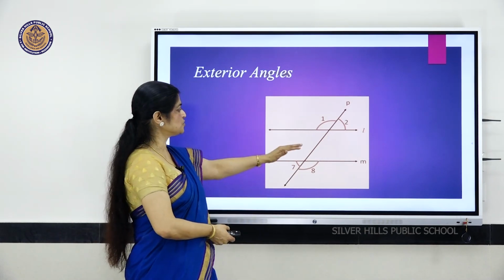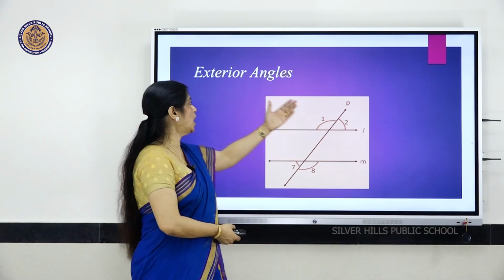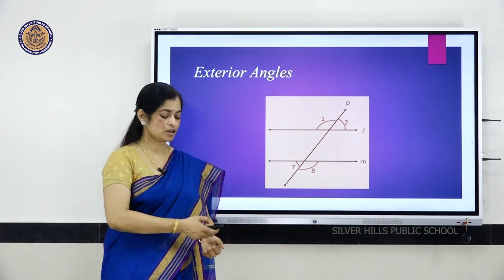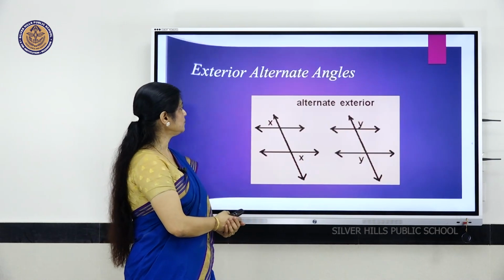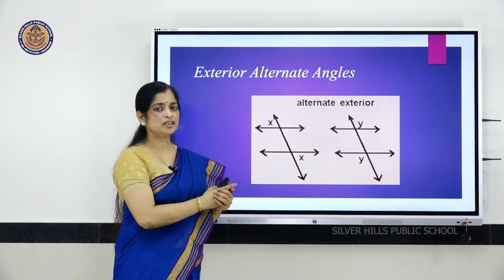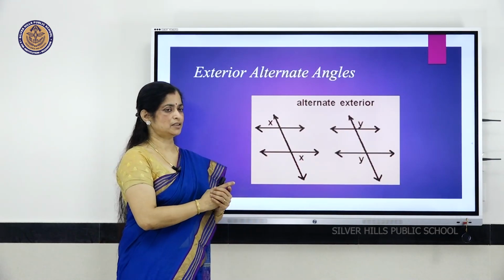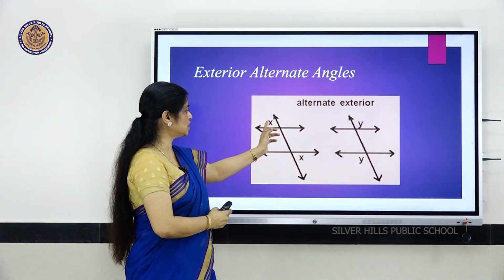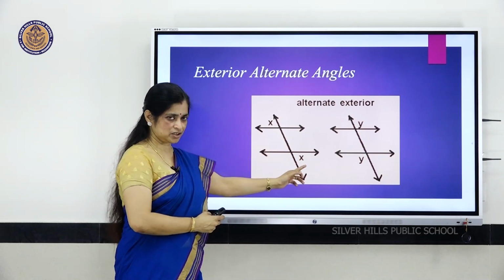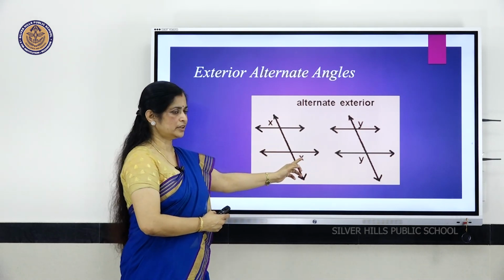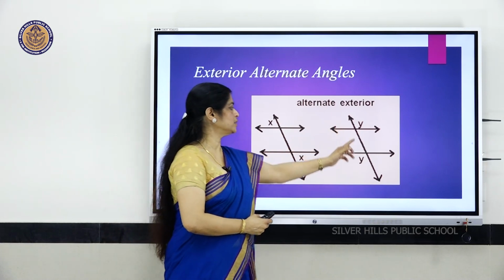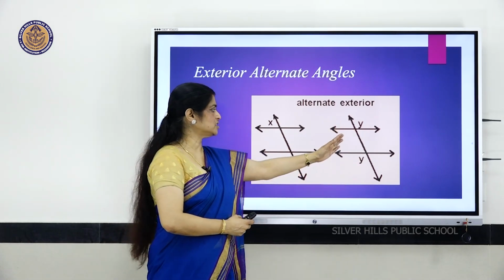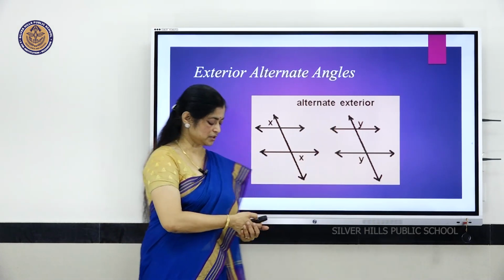Such angles which are outside the lines are called exterior angles. Next is exterior alternate angles, that is, opposite. The alternate angles which are outside, they are exterior and they are alternate, x and x, y and y, they are exterior alternate angles.